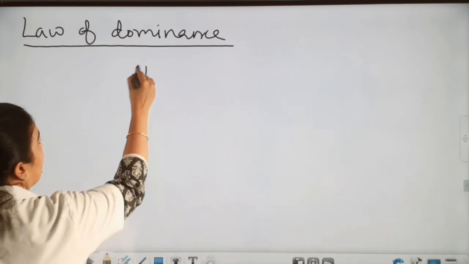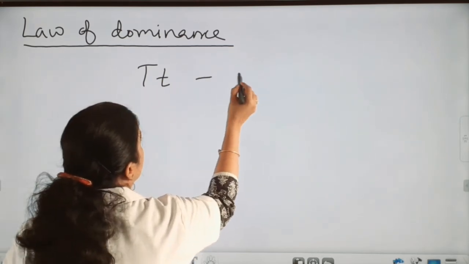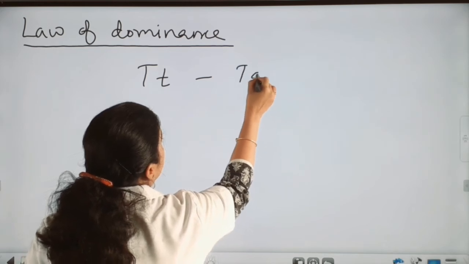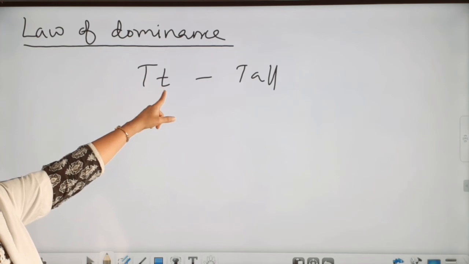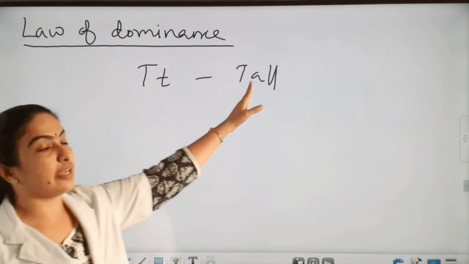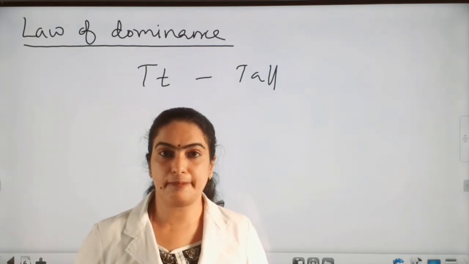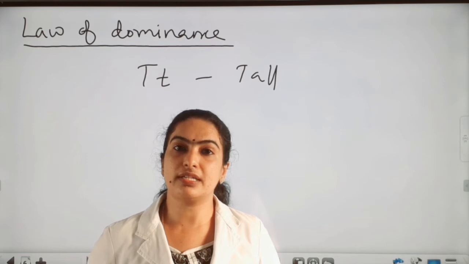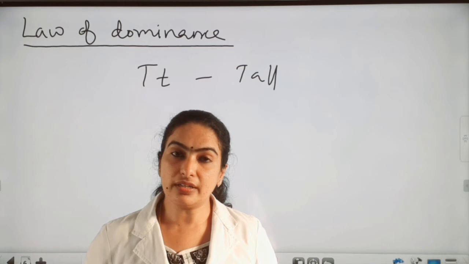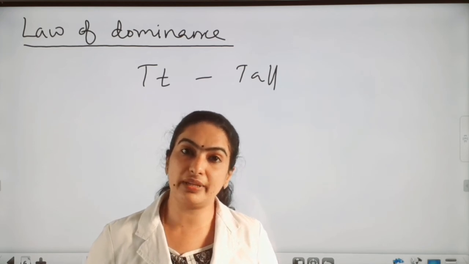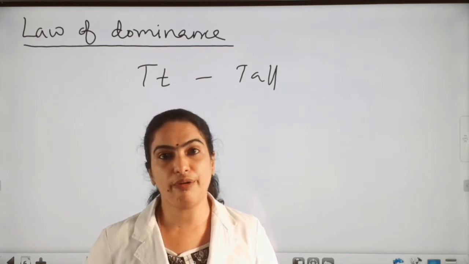For example, when a pair of alleles are brought together, one allele is dominant over the other, and that determines the character. That means when a pair of contrasting factors of a character are found together, one allele or one gene dominates over the other and is expressed in the first generation. That is called the law of dominance.